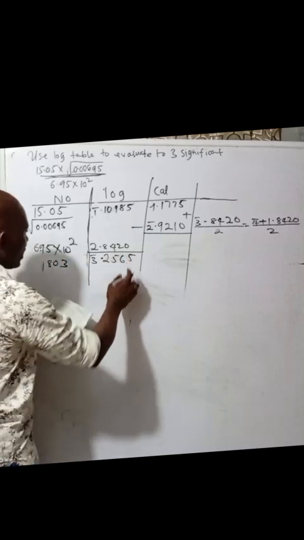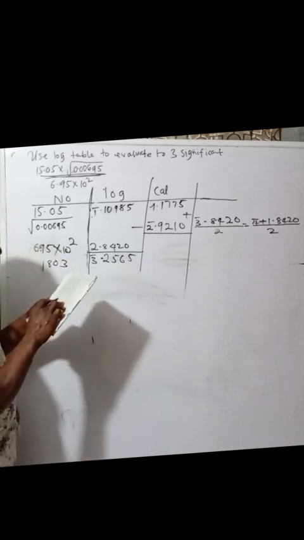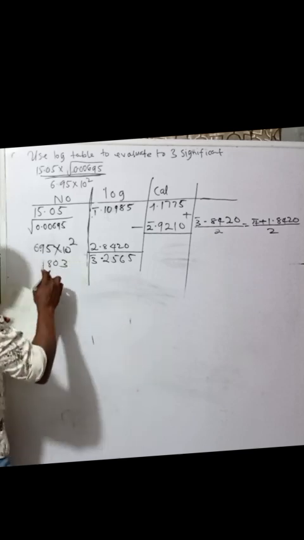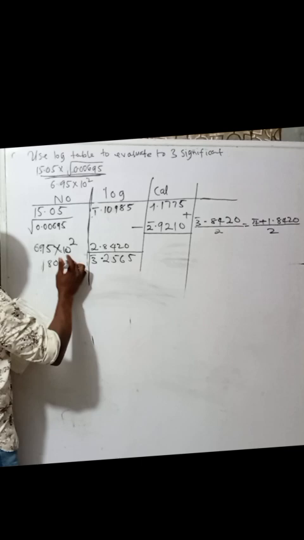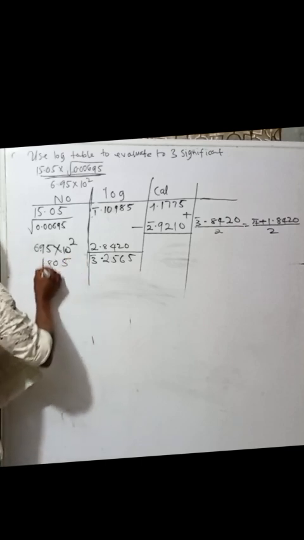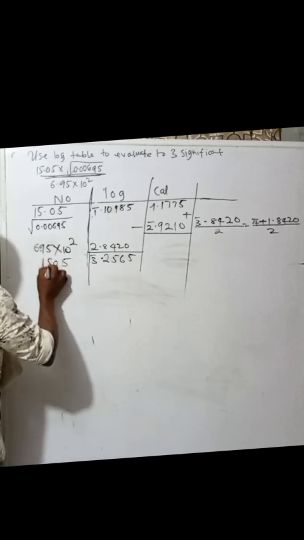Then we're going to look at difference 5 and add the difference. Difference 5 is 2. So that means 1805. Okay, now this is our answer, but that's not the final answer.